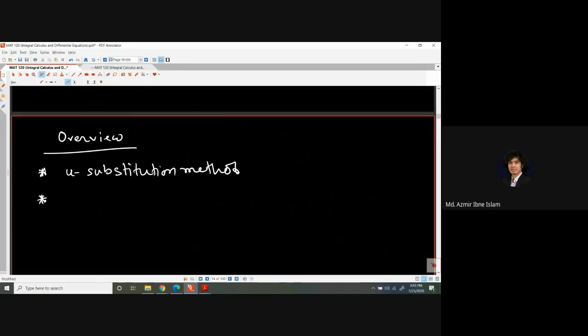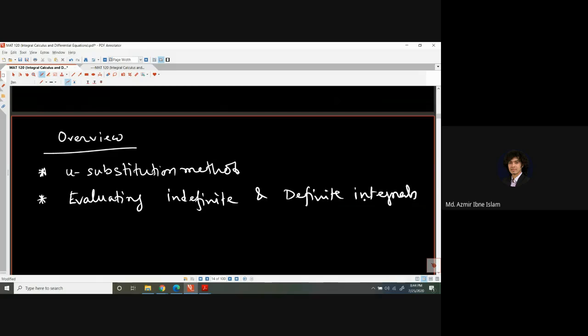And then we will learn how to find the results of definite and indefinite integrals. More specifically, evaluating indefinite and definite integrals using the technique of U substitution method.